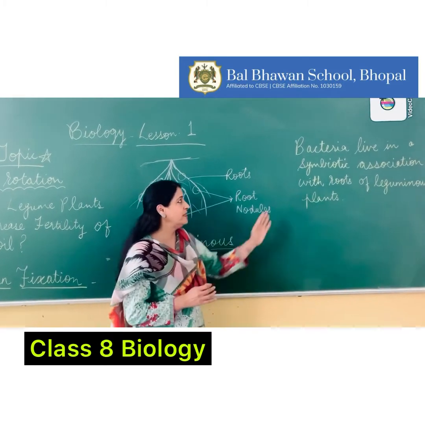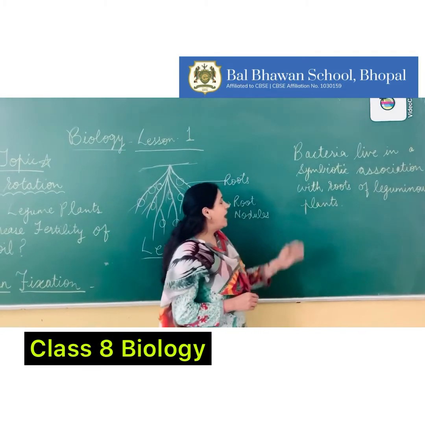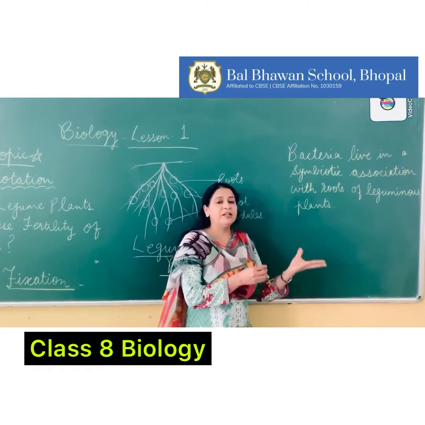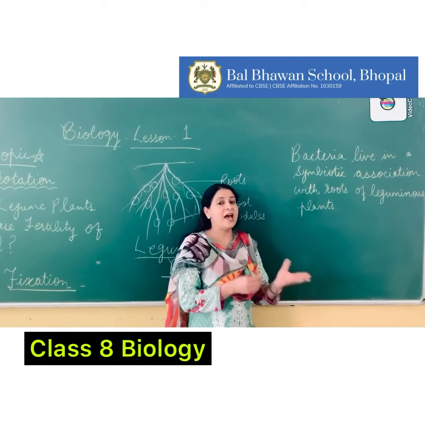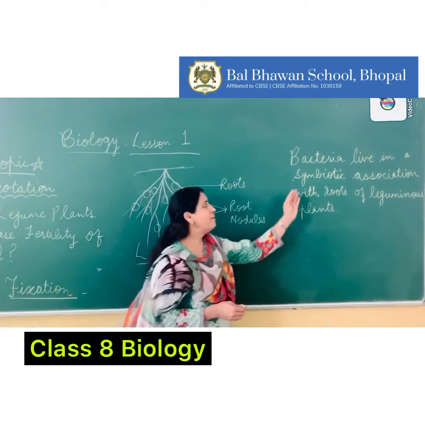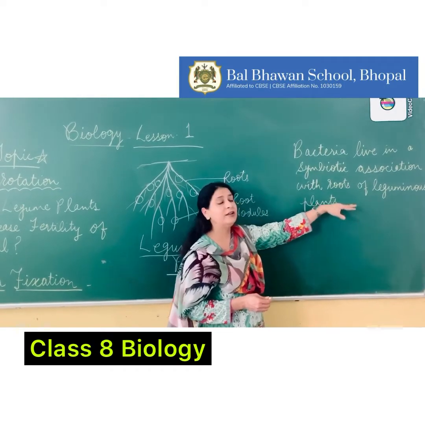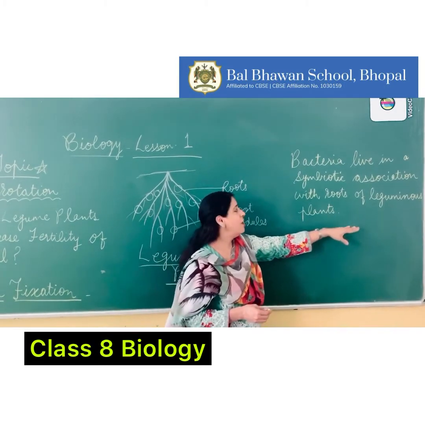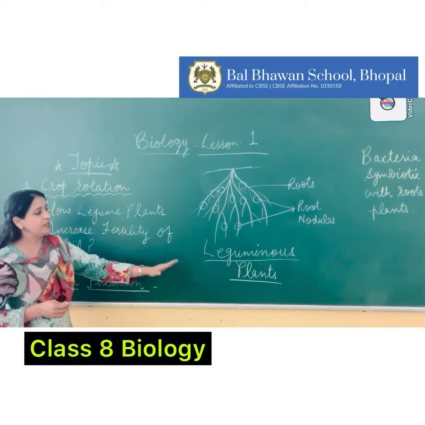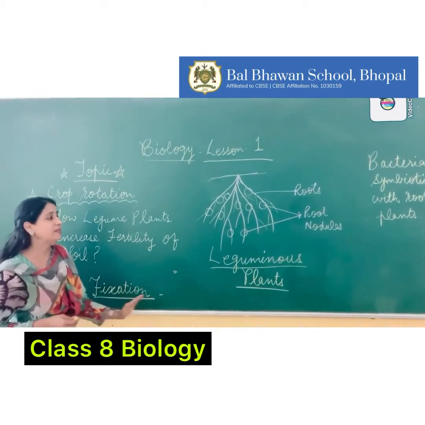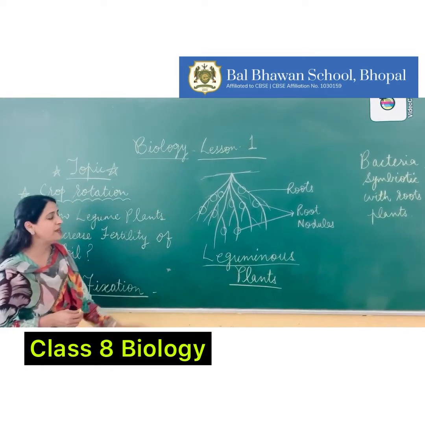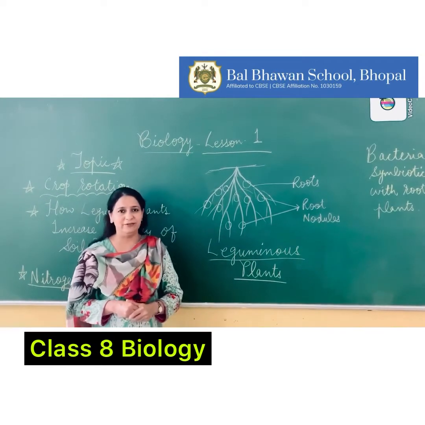They both are in a symbiotic association, and the bacteria is helping by giving the nitrogen to the plants, and the plant is helping by giving food and shelter to the bacteria. So that is how they are in a symbiotic association with one another. So that is how nitrogen fixation can be done by some bacteria and some blue-green algae, which helps in replenishing the nitrogen content of the soil.